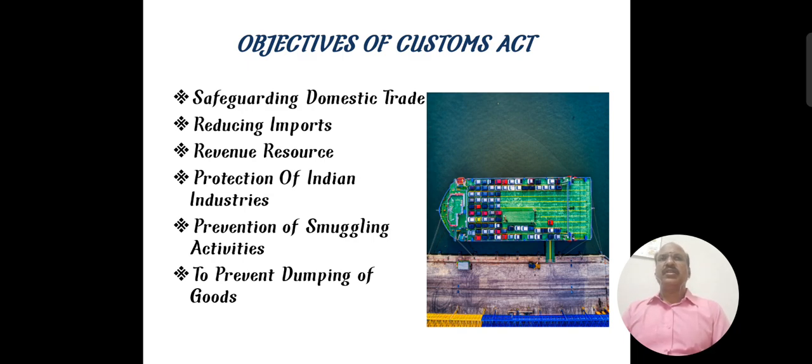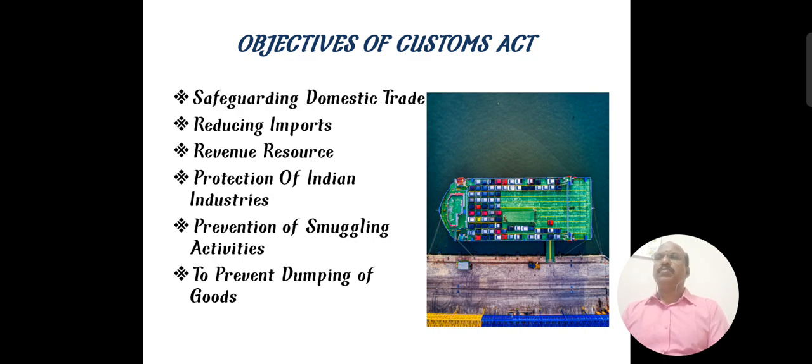By imposing more tax, by fixing more charges, by imposing different types of indirect tax. By that, they restrict the importing of goods from outside India. By that, there is a demand for the local product, and the domestic industries' trade will increase.